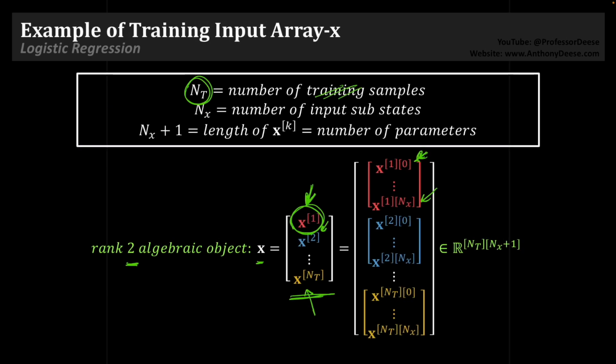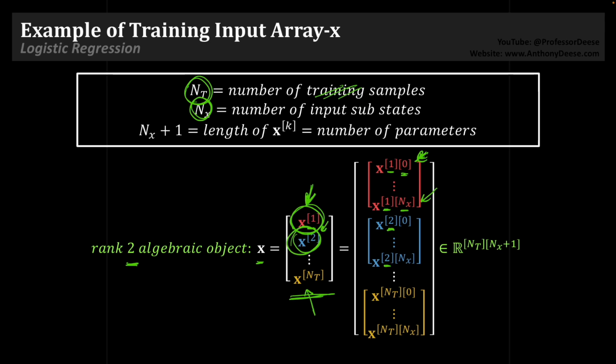So we have x superscript 1, indicating it's the first training sample. We have our 0th element, all the way down to x superscript 1, again still for the first training sample, but element n sub x, where n sub x represents the number of input elements or substates associated with a single sample.